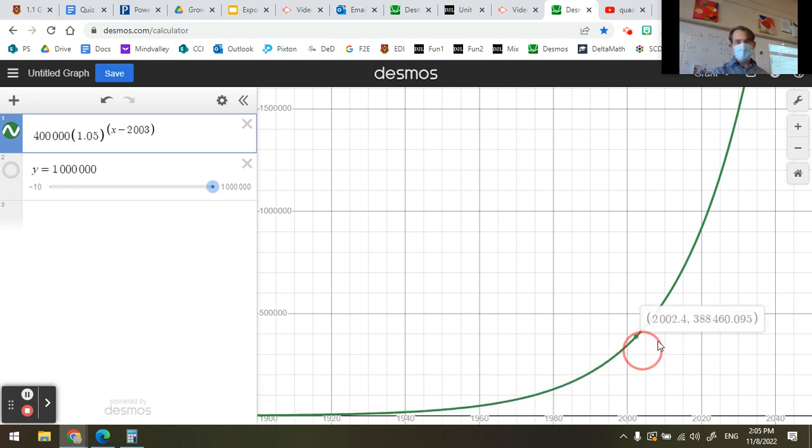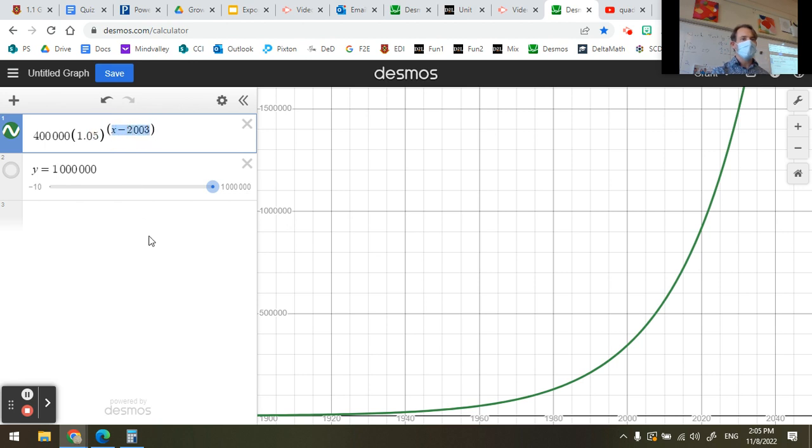And then this was the population in 2003. Well, it was our initial value of 400,000. There, you see? Where is it? Oh, 2003, 400,000. There it is, 2003. And then it starts growing, and we see that it passes a million there in 2021.7 or so, 2021.8.